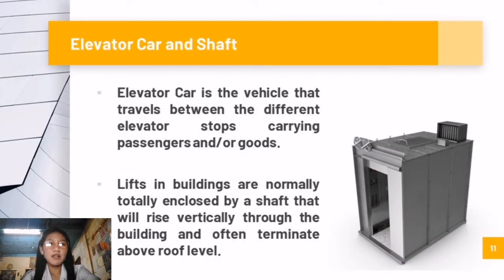Elevator car is the vehicle that travels between the different elevator stops carrying passengers and goods. Lifts in buildings are normally totally enclosed by a shaft that will rise vertically through the building and often terminate above roof level. The elevator is designed to be encased within the elevator shaft and to be used to transport people and various objects to different levels in a building.